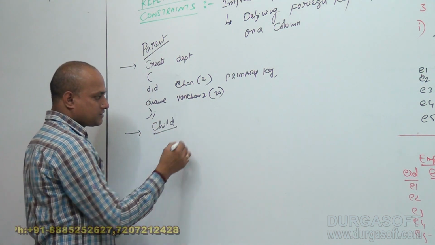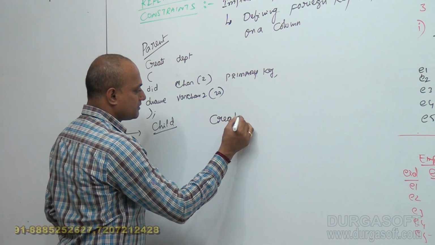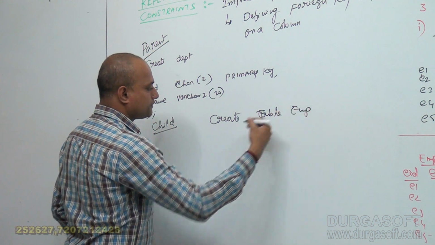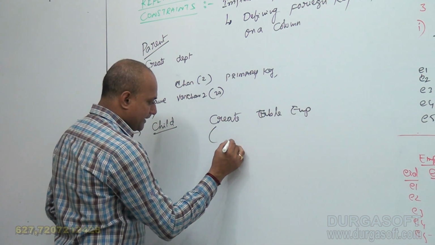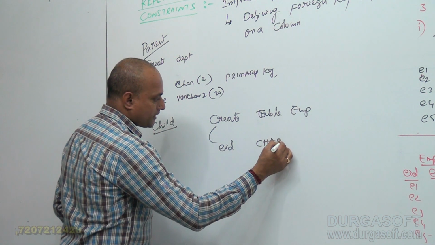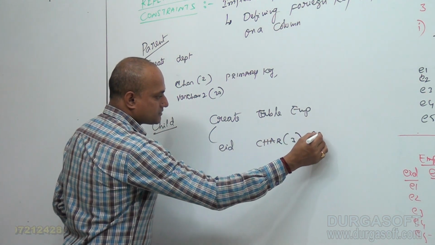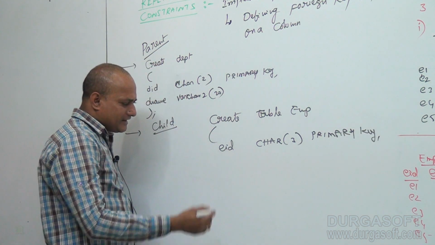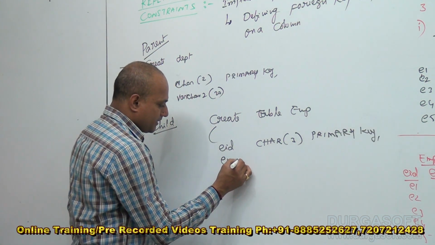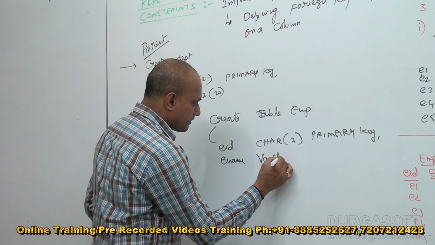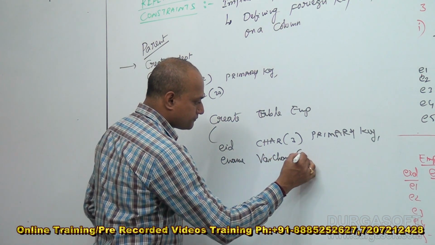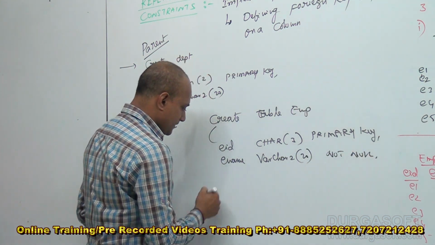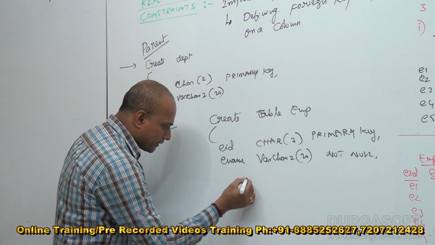How should I create EMP table? Create table EMP. Employee ID, it's a character of 3, and this is also primary key. Just for simplicity I am maintaining less columns, don't worry. Employee name, it's varchar2 of 20, that is not null, and immediately I am defining foreign key column.